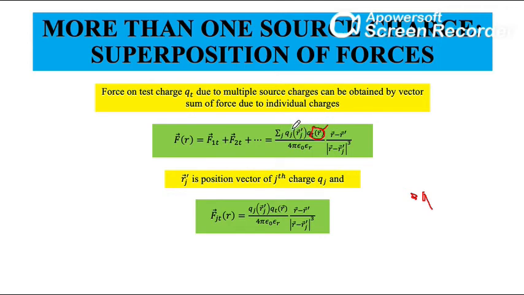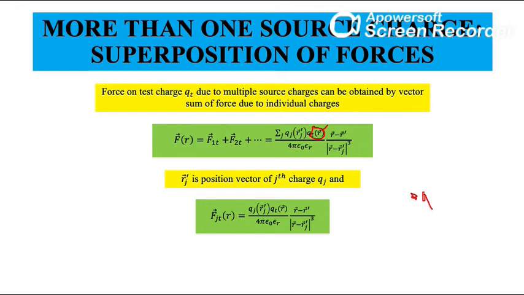Now the source charge could be placed anywhere. This placing of charge anywhere, I am denoting by Rj prime, where j corresponds to the jth charge of magnitude Qj, or sign charge magnitude Qj.